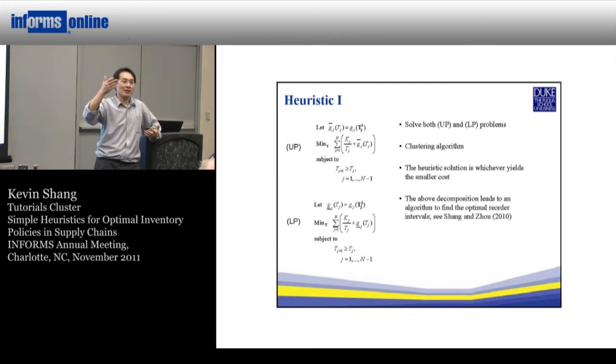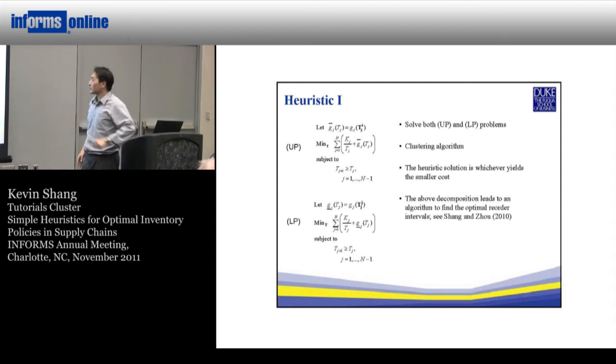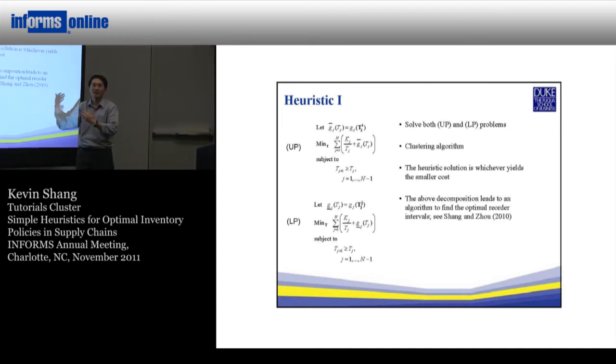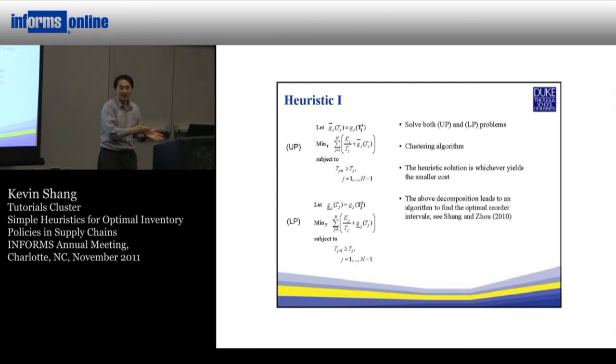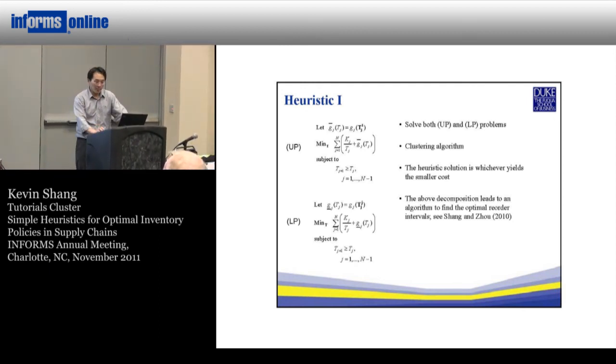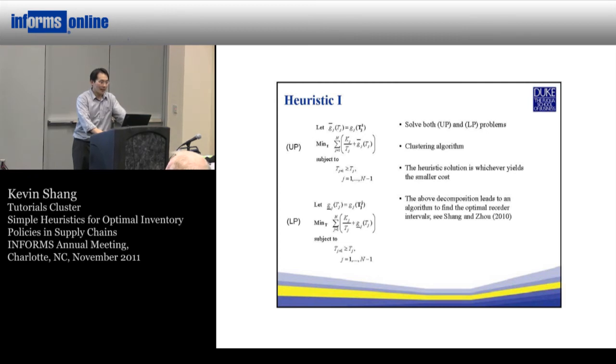And that algorithm is actually more efficient than the existing in the literature. We do some numerical comparison in the paper, but I didn't mention here. Just so you know that the ideas to decouple and construct bounds can be applied to ST and also RQ for this problem. Okay, so this is the heuristic.